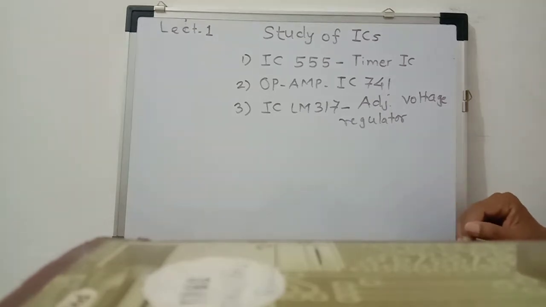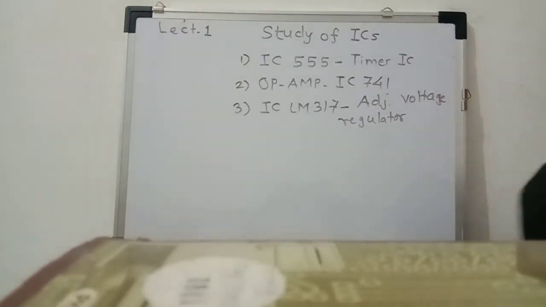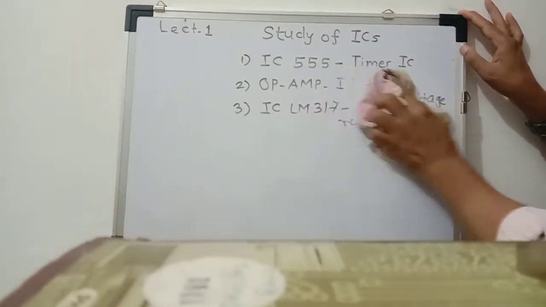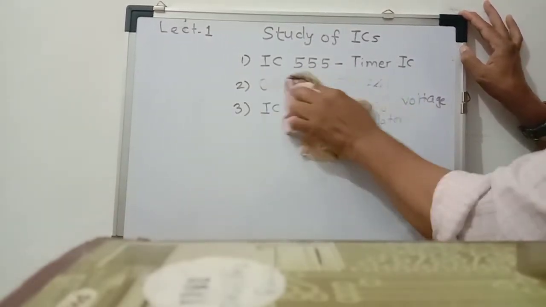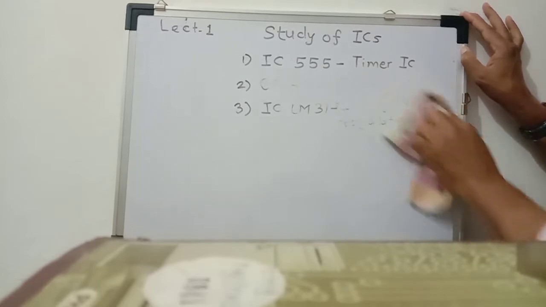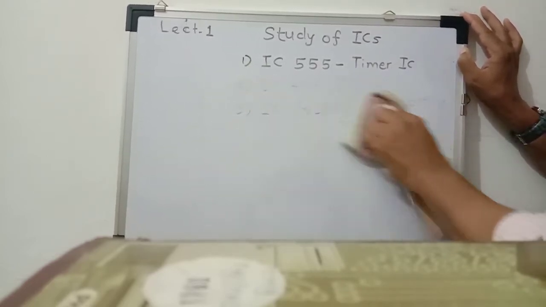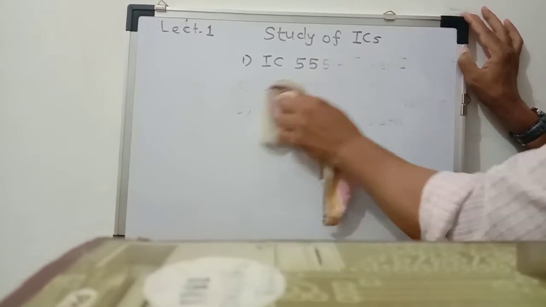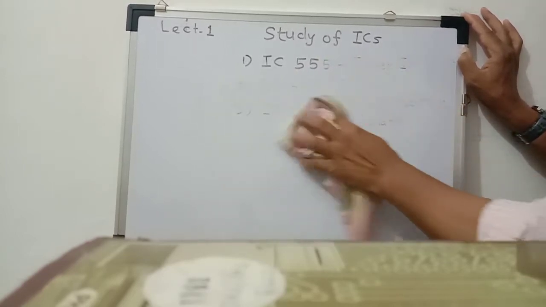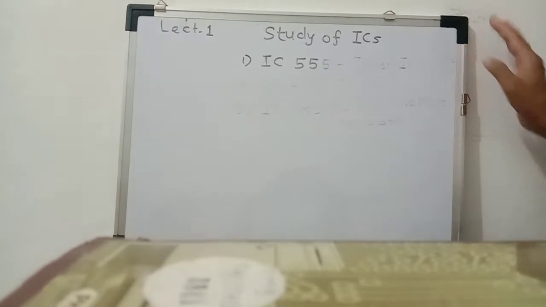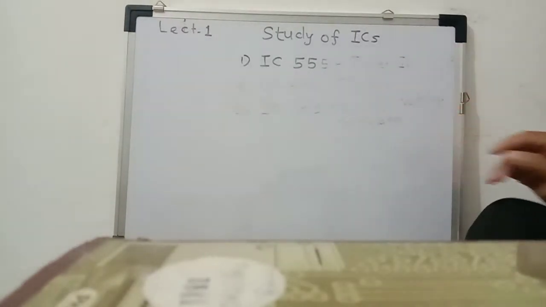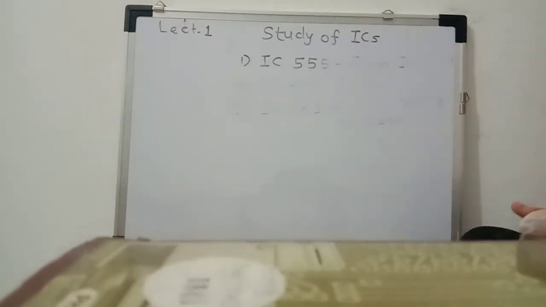So first we will study about IC triple five. Why is this IC called IC triple five? Because in this IC there are three equal resistors of 5K, 5K and 5K as a voltage divider.